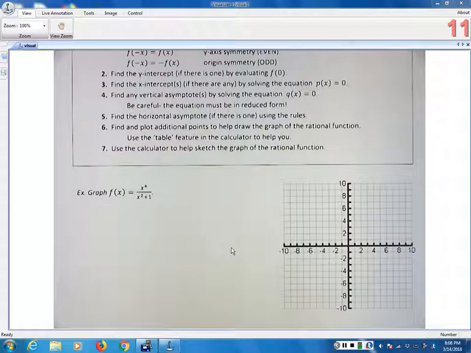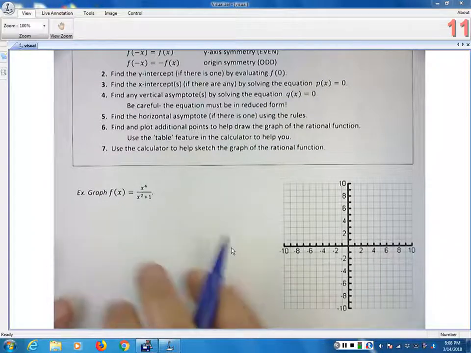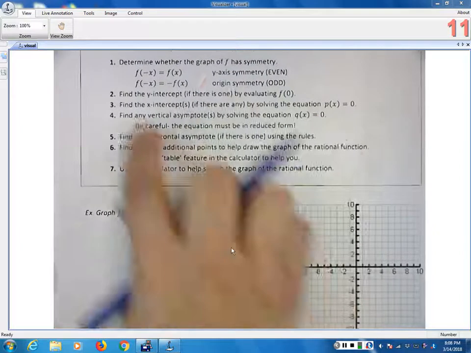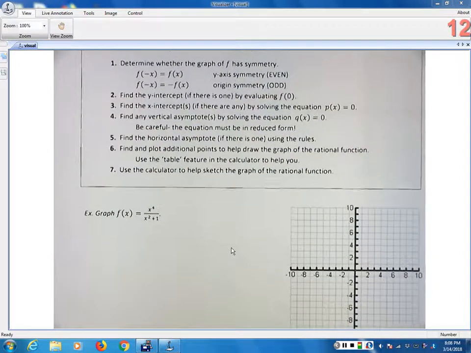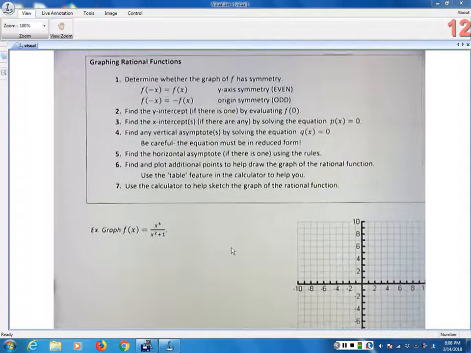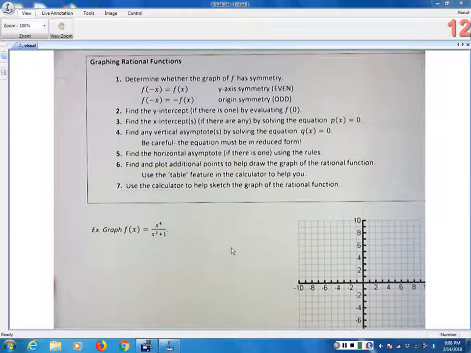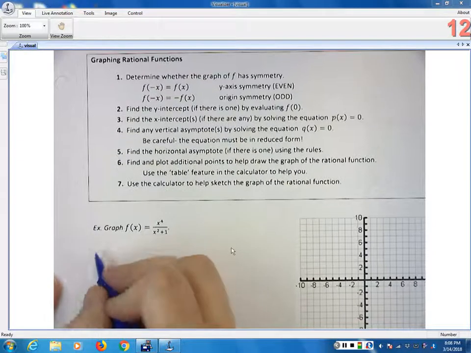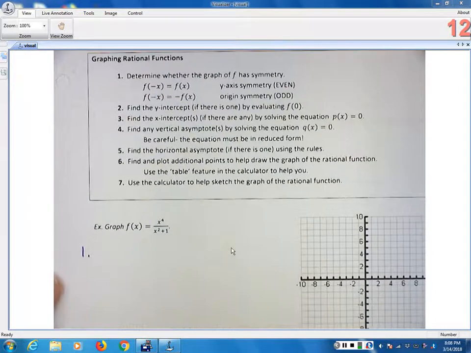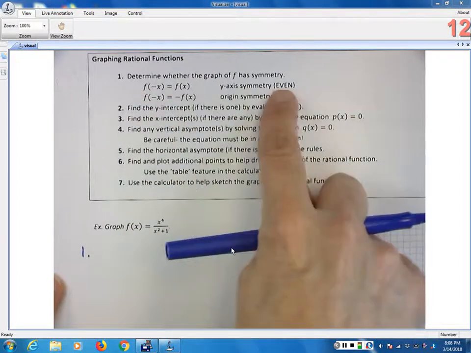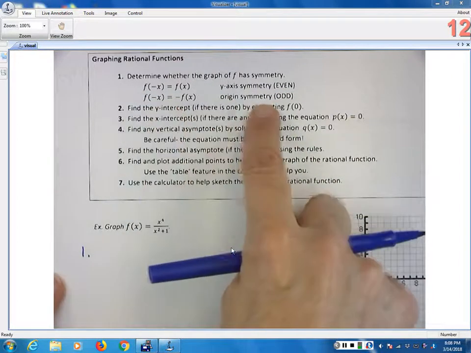All right, so we're going to determine whether the graph of f has symmetry. So, number 1, and this is the definition of even symmetry, and this is the definition of odd.